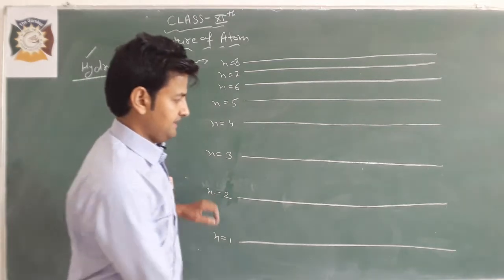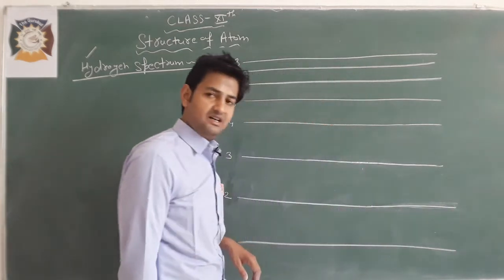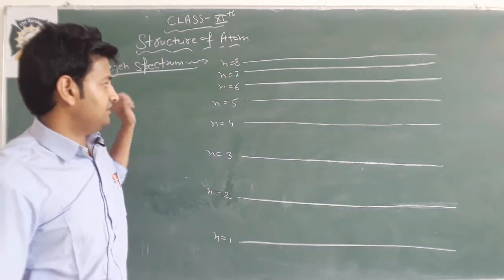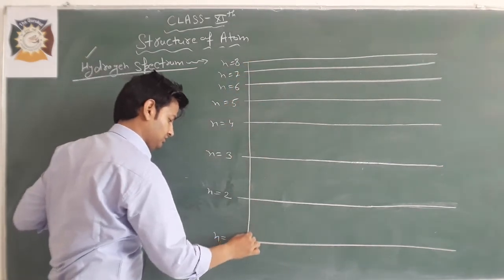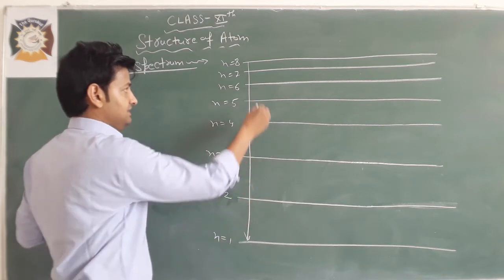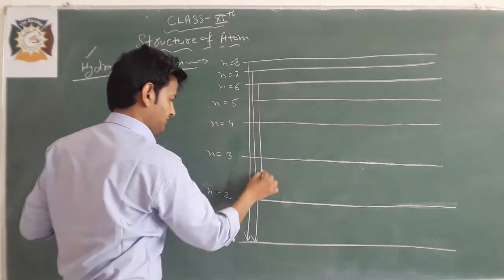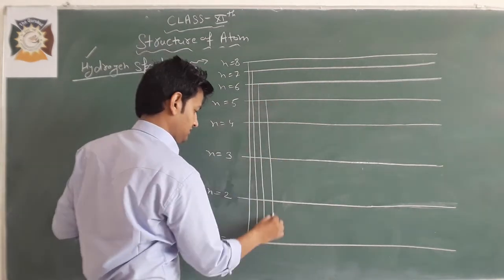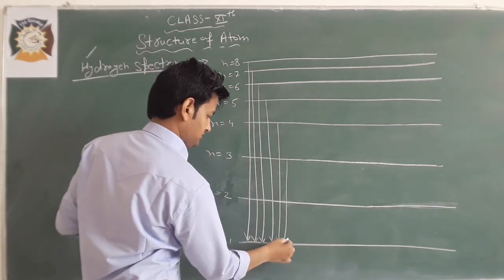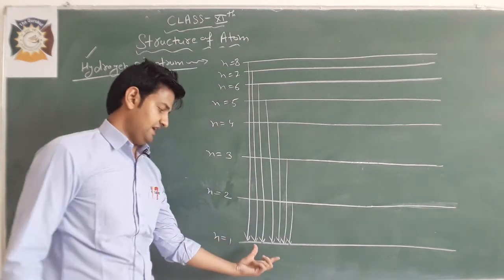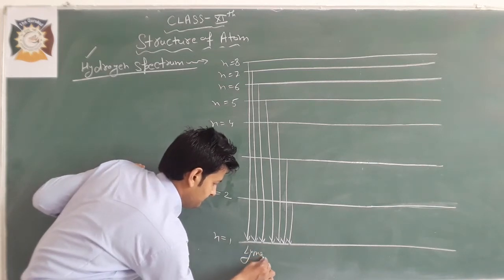These are the different energy levels to which electrons can jump when electric discharge is passed. If electrons are excited to the 8th energy level, they can jump into the first energy level, from the second to the first, third to the first. This group of lines is called one series. This is called the Lyman series.